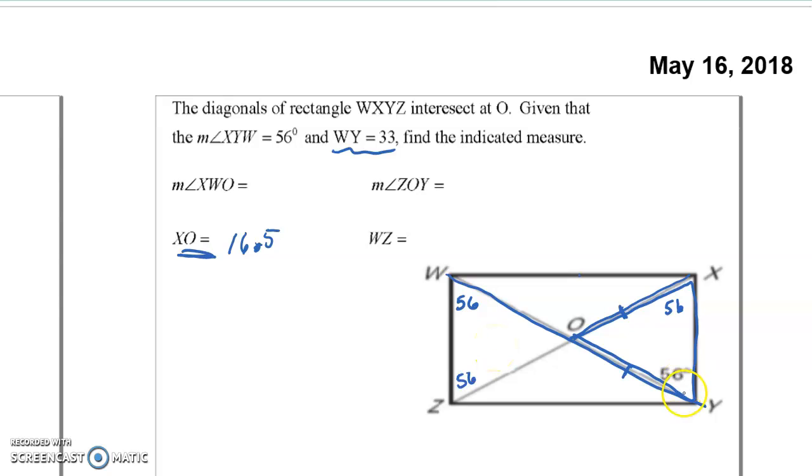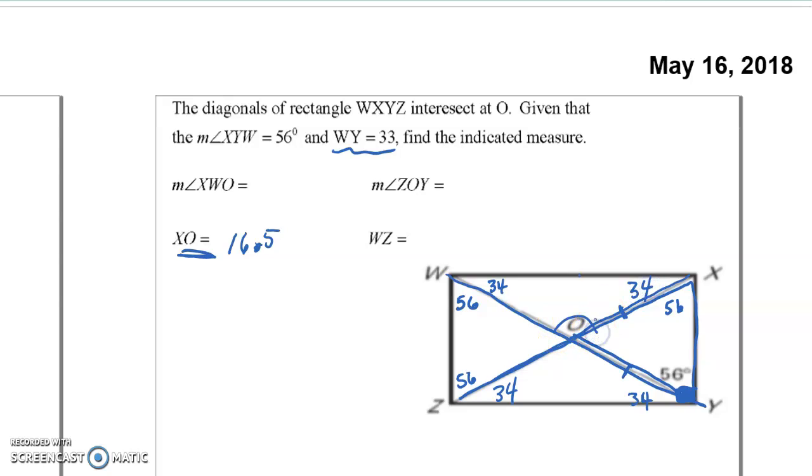What else I know in a rectangle is every corner's 90. So if the corner's 90, 90 minus 56 tells me this is 34, and alternate interior tells me that's 34. Without knowing about isosceles triangles, we wouldn't know that. But now that we know that, we put that there.